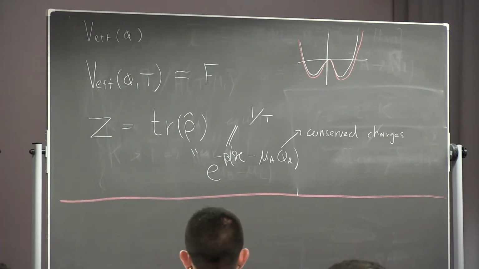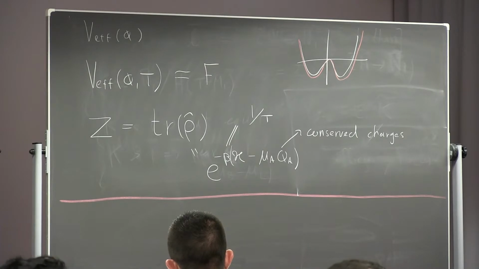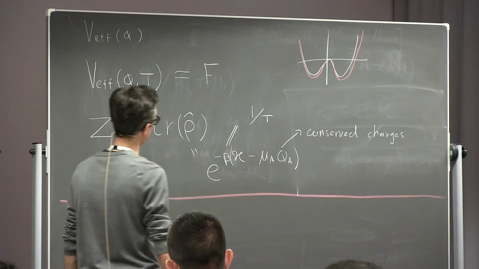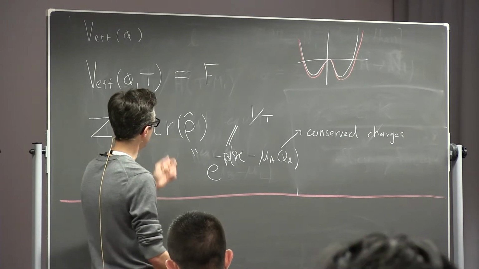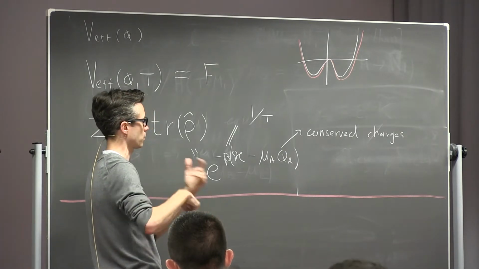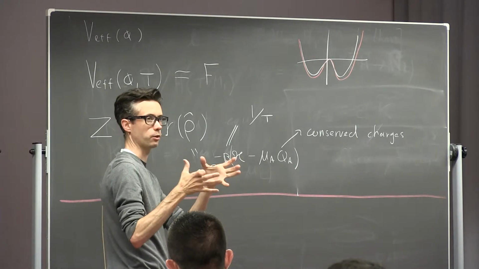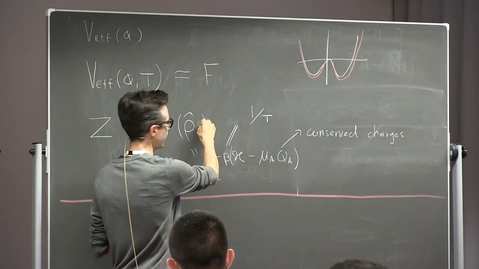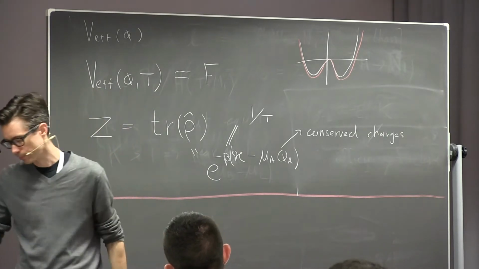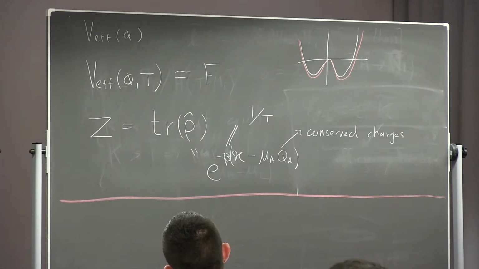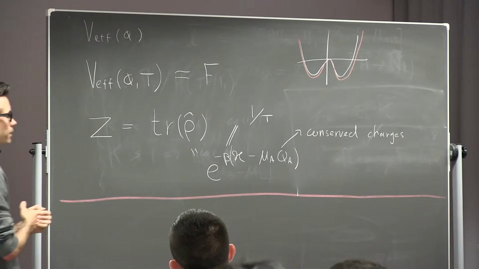Now with my partition function, I can compute thermodynamic expectation values. All I need to do is stick whatever operator whose expectation value I want in the thermal ensemble in here, and then normalize by the partition function. Again, this is just regular old quantum statistical mechanics.